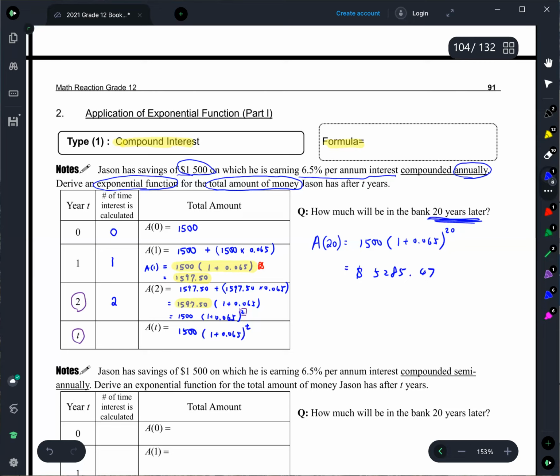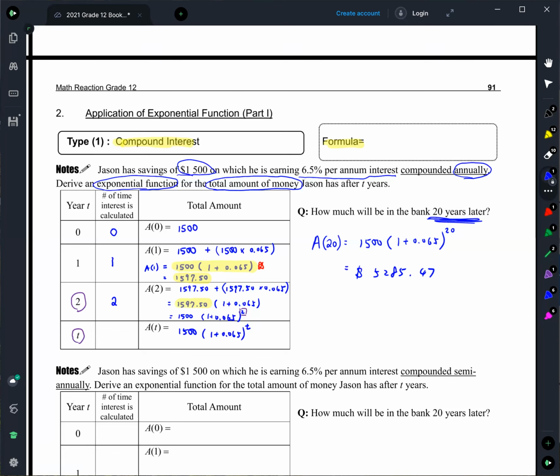Okay. Callum, how about you? You have the same? I also have the same. Okay. So you can see that after 20 years without doing anything, it quadrupled, at least 3 times more.